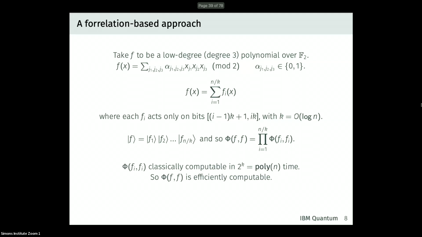Because k is fairly small, a constant or logarithmic in n, you can classically compute all of these quantities and then take their product, and that gives you the self-forrelator for f. So now everything is efficiently computable classically. That's great, but now how do we make it classically hard again while still retaining knowledge of the correlation? This is where we'll use the property of symmetry under affine transformations.